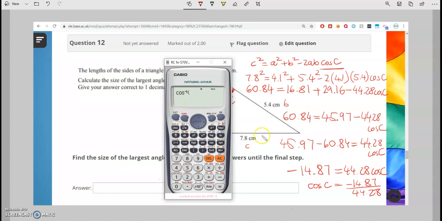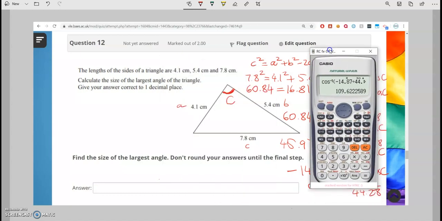So we'll input minus 14.87 divided by 44.28, closing the bracket, and that should give us the angle, which is 109.622589. We need to round this to one decimal place, so this is going to be 109.6.